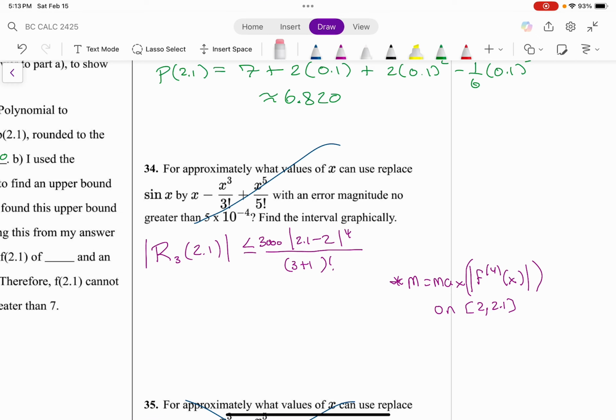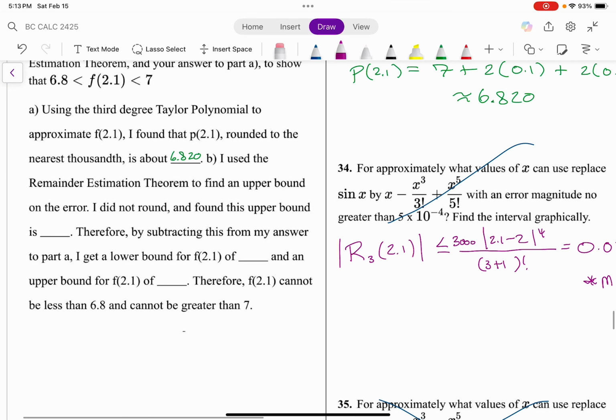All right, so I'm going to punch this into the calculator, and that's 3,000 times 0.1 to the fourth, and then I'm dividing that by 4 factorial, and I'm getting exactly, so no need to round, 0.0125. Okay, so the upper bound there is 0.0125.